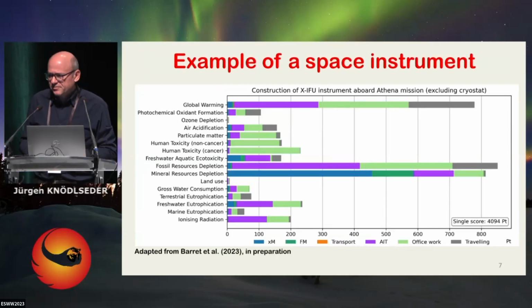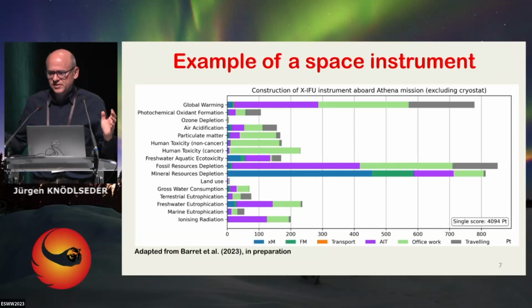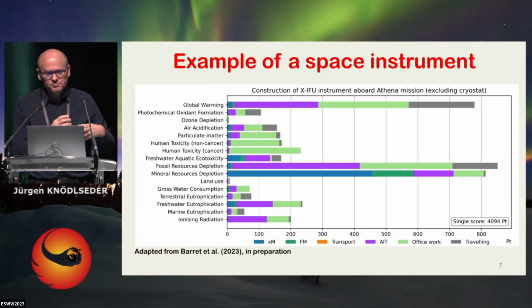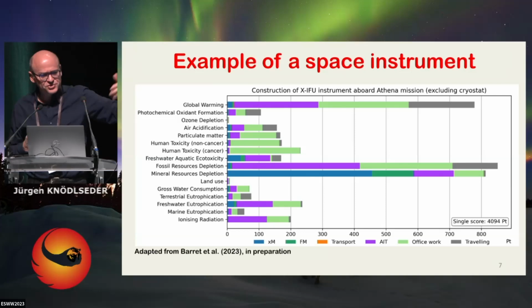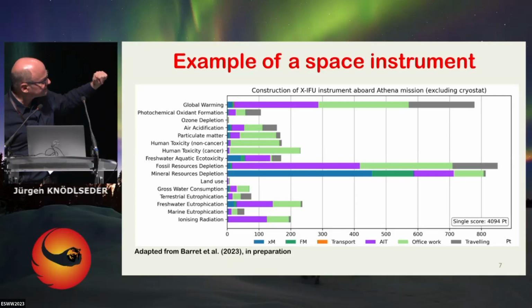Now we did the same for a space instrument, and this is not the entire life cycle of the space instrument. This is just producing a space instrument. That's maybe what eventually happens in your labs when you build a contribution to a space mission. So this is not including the satellite, and this is not including the launch, and this is not including the operations. And here you have the same indicators, and the different colors are EM.